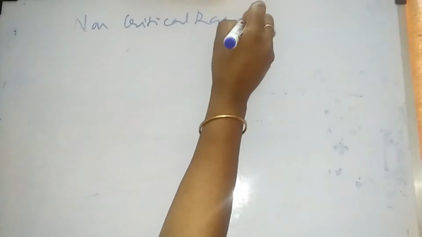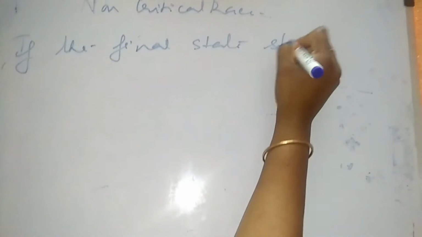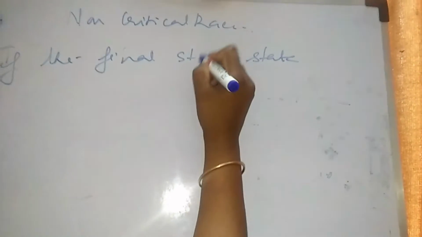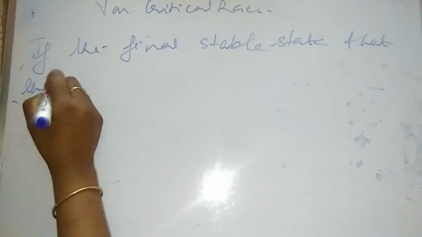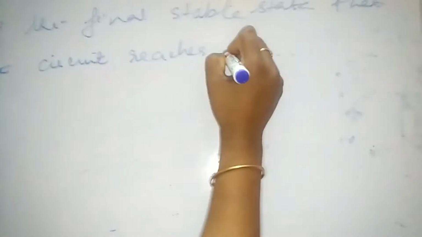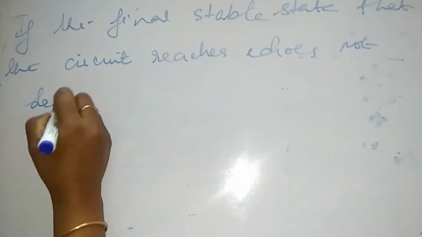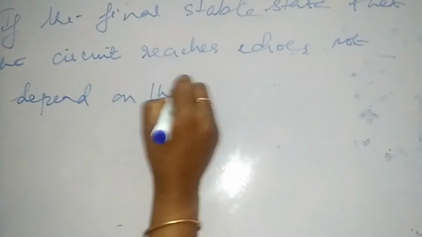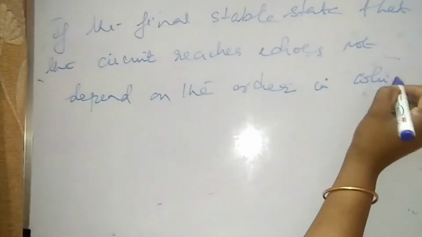A non-critical race is when the final stable state that the circuit reaches does not depend on the order. This is very important. It does not depend upon the order in which the state variables change.